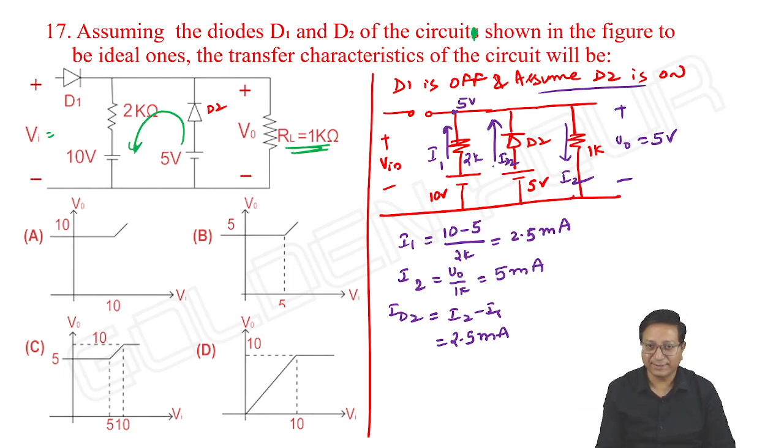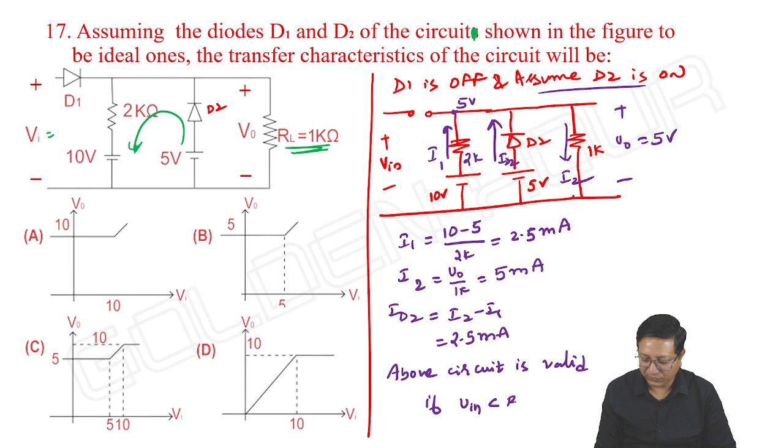So this I can take as case 1. Above circuit is valid if V input is less than breakpoint 1. We have got output as 5 volts, and the breakpoint looks like 5.